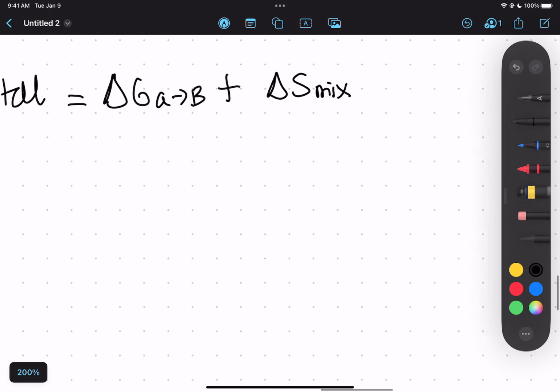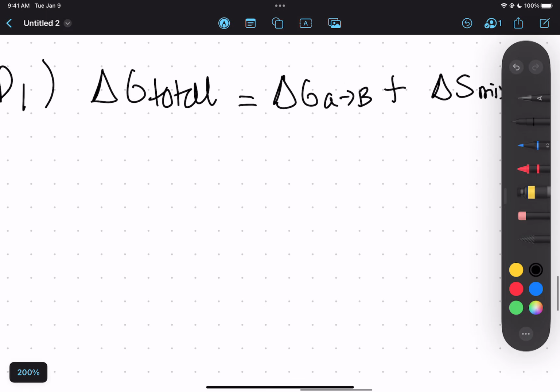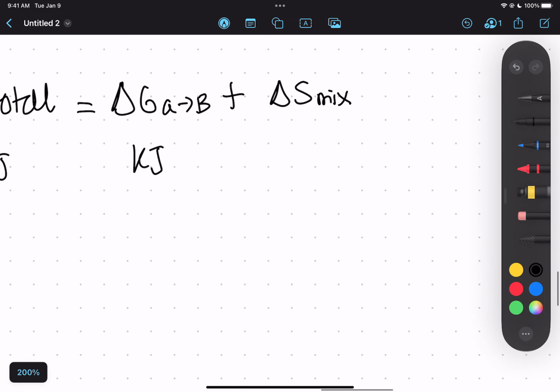So we said that delta G is in the form of kilojoules per mole, and let's say we're talking about 1 mole, for example. Remember, this is energy, free energy, so it should be in joules or kilojoules. So if we're adding kilojoules to entropy, entropy isn't in kilojoules, right? What are the units for entropy?